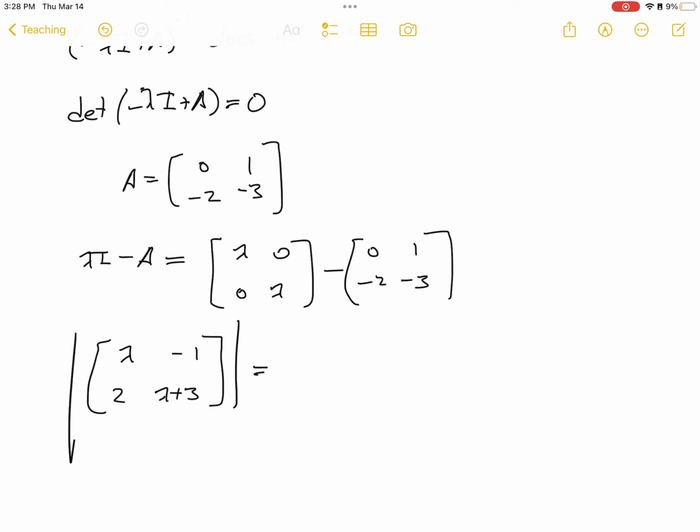AD minus BC. So we have lambda times lambda plus 3 minus minus 1 times 2, so that's plus 2, equals 0. So that's lambda squared plus 3 lambda plus 2 equals 0.